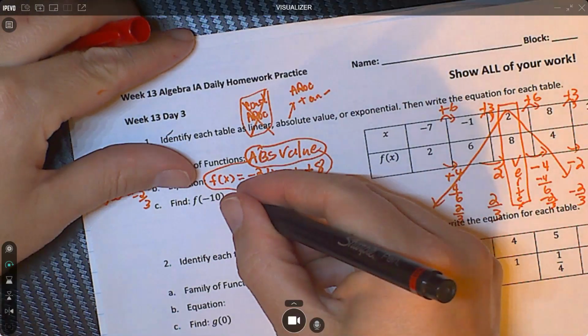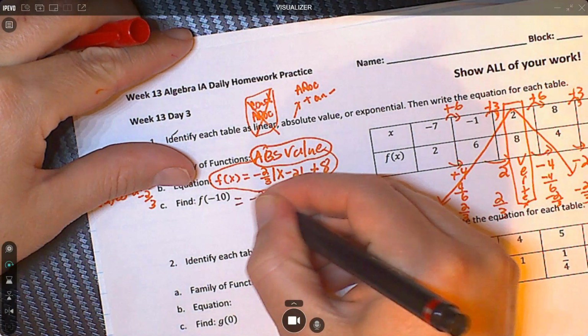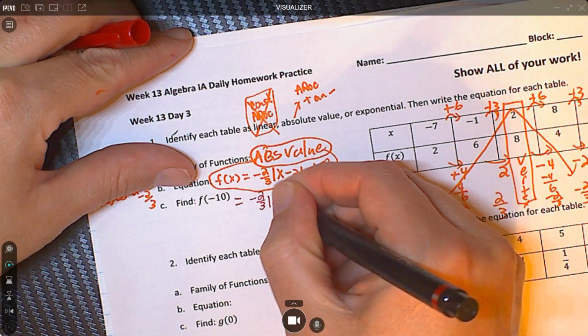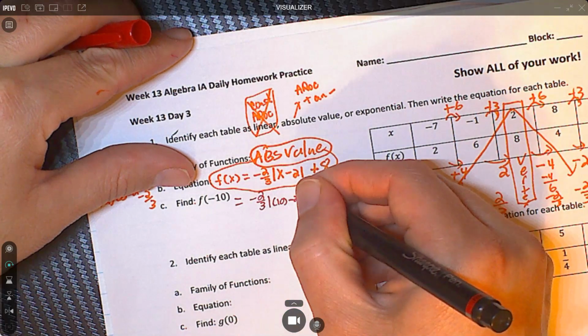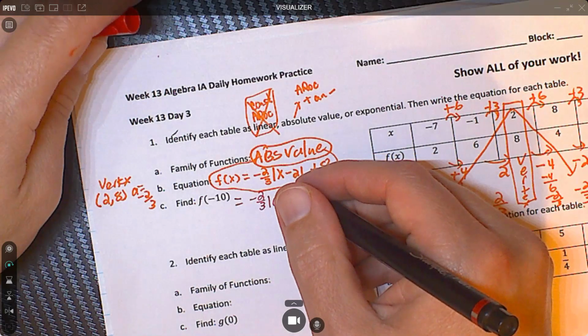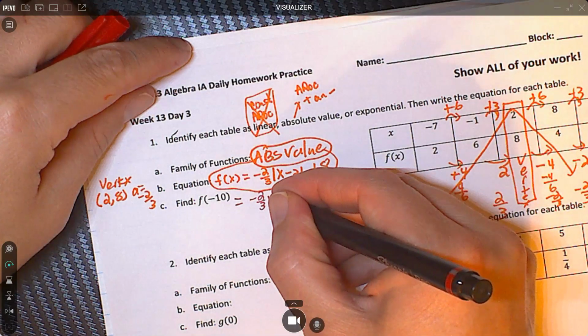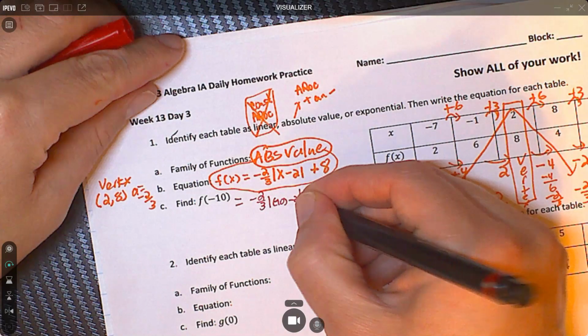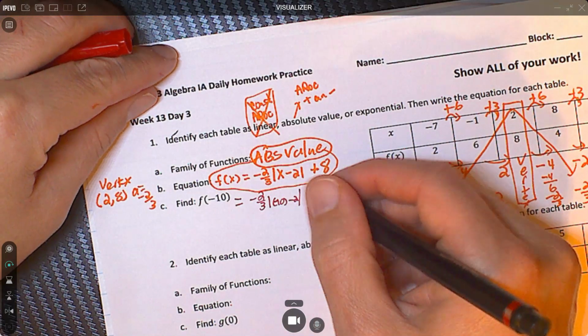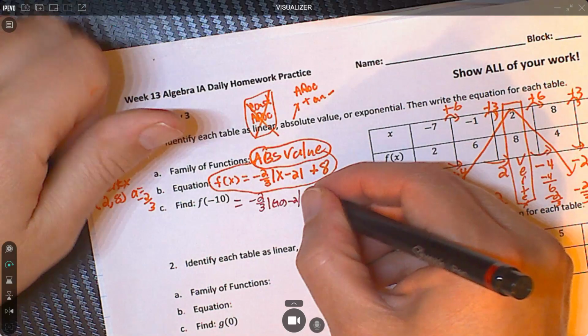So here we got negative 2/3 times. A lot of people miss this on the quiz. That's a negative. Negative 10 minus 2 plus 8.